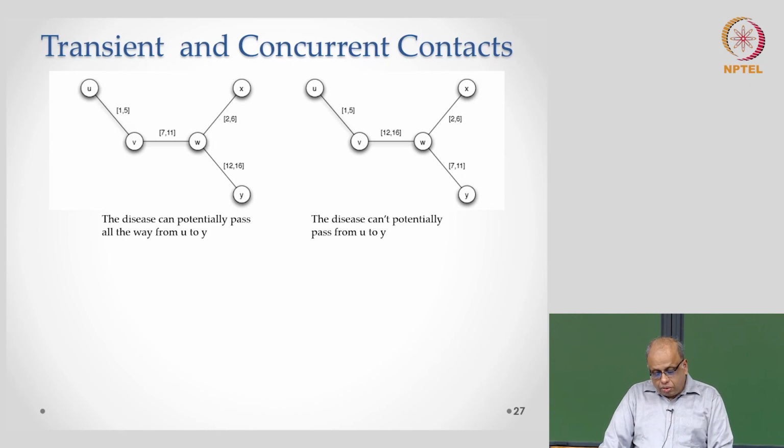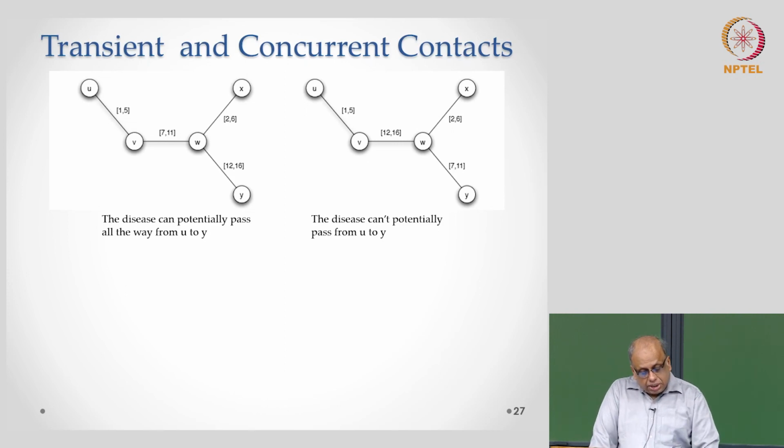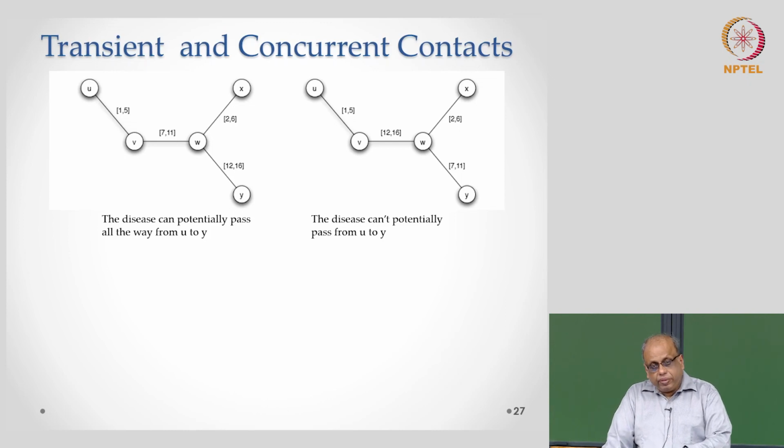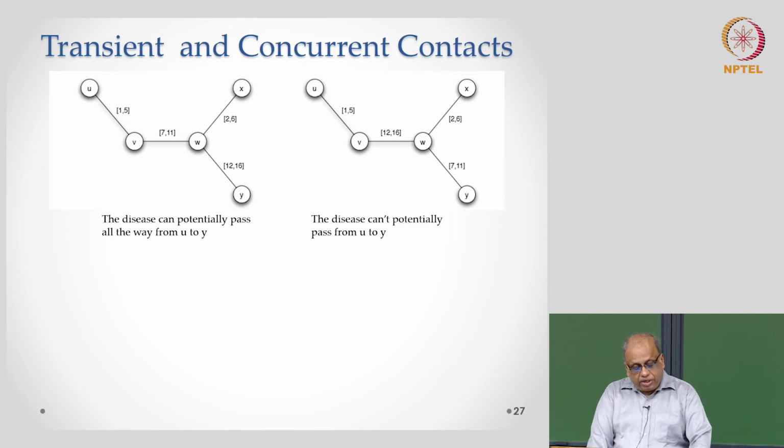Okay, so what happens in this case is that U can pass the disease to V because they were in contact during 1 to 5, and then V got the disease maybe around 5 or sometime, and therefore it can pass the disease to W because it came in contact with W after it had got the disease. Okay, so it can pass the disease, and then again W can pass the disease to Y, because it was in contact with Y after it got exposed.